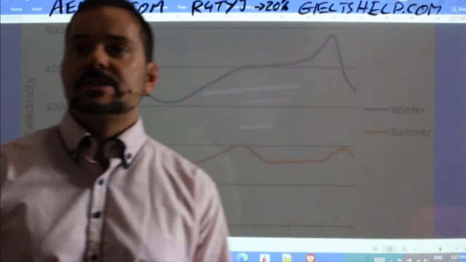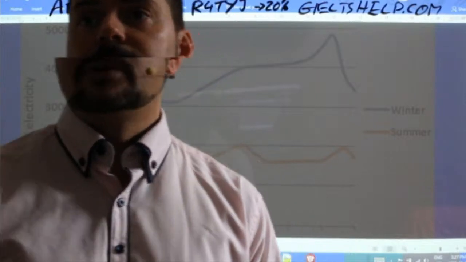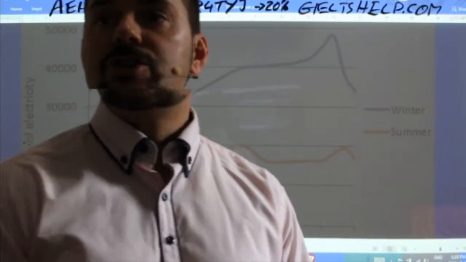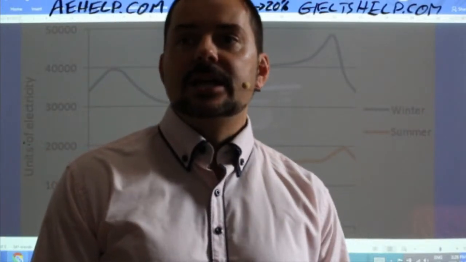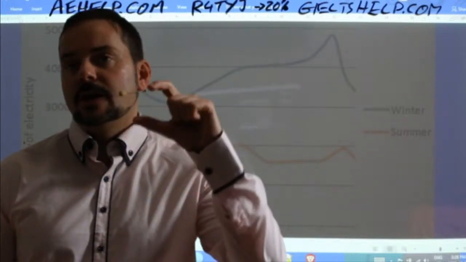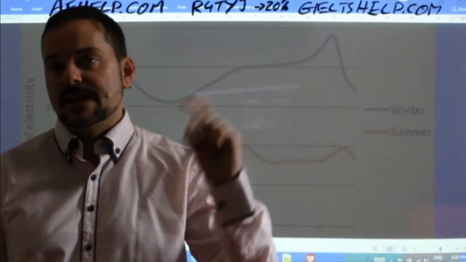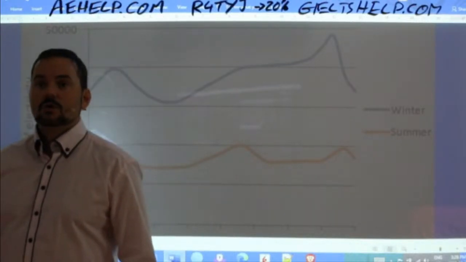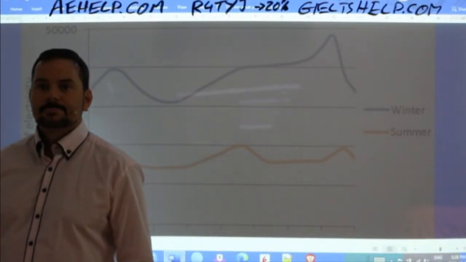So Fennel says, most of the electricity is consumed for heating. However, winter energy consumption at night is maximum. Fennel, too much detail, and you should be talking about the line graph first and then the pie chart, as I mentioned earlier in your overview, in your main feature, in your analyses.